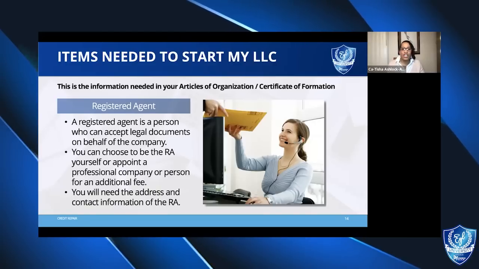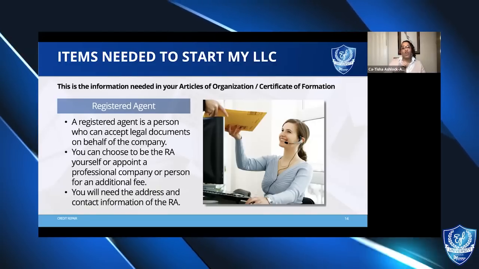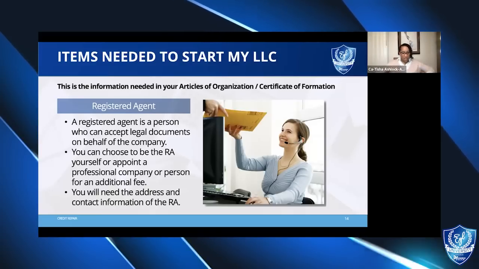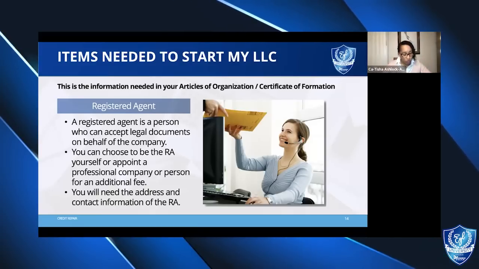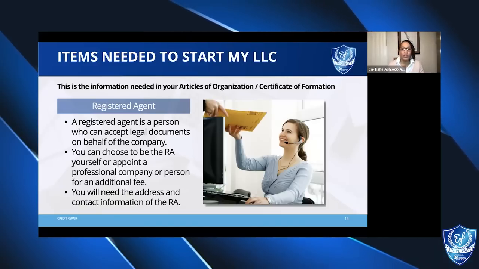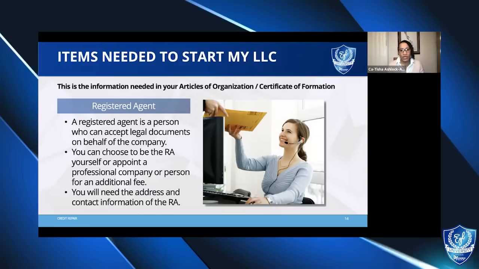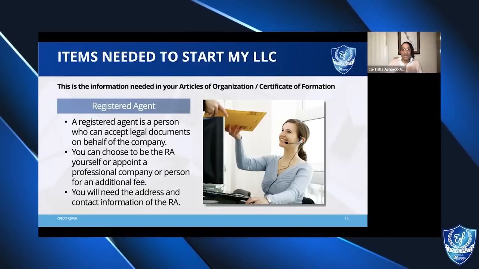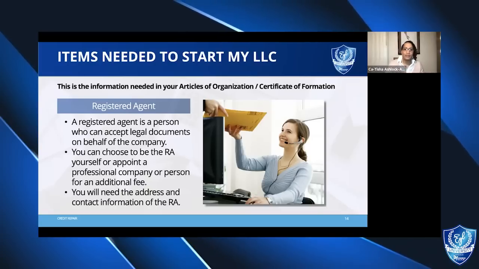Now, you need this information when you're filing your articles of organization. You need to secure your registered agent before you can put this on your paperwork. So don't fill out the paperwork and then get to that spot and sit there looking goofy like, "I don't know who that is." Have that done first and then add that to your paperwork, okay?